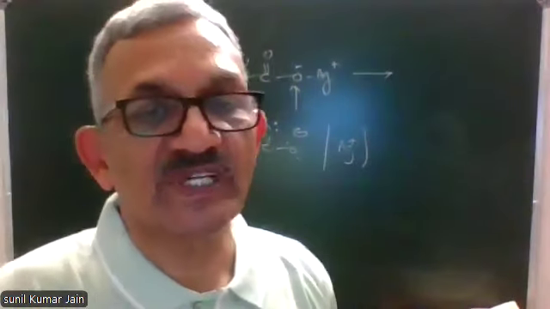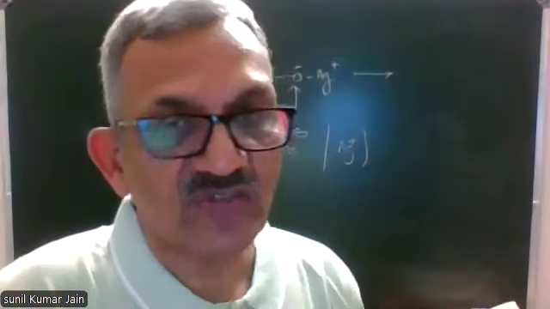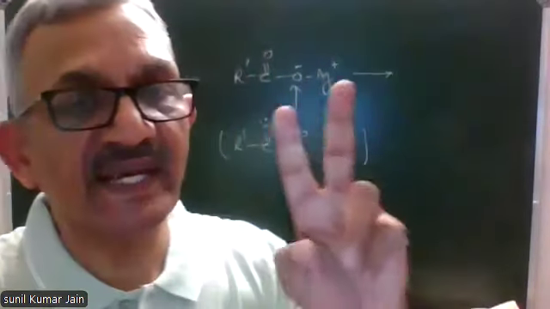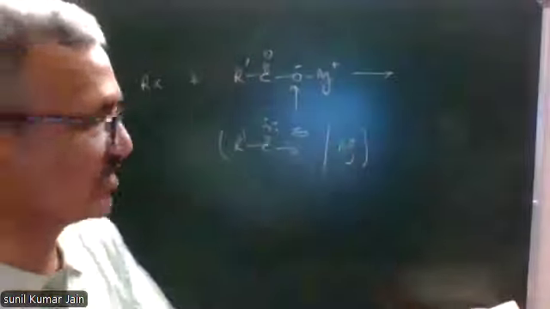Silver or sodium carboxylate is ionic compound. This will ionize to give metal ion and carboxylate ion. Carboxylate ion has two equivalent resonating structures.